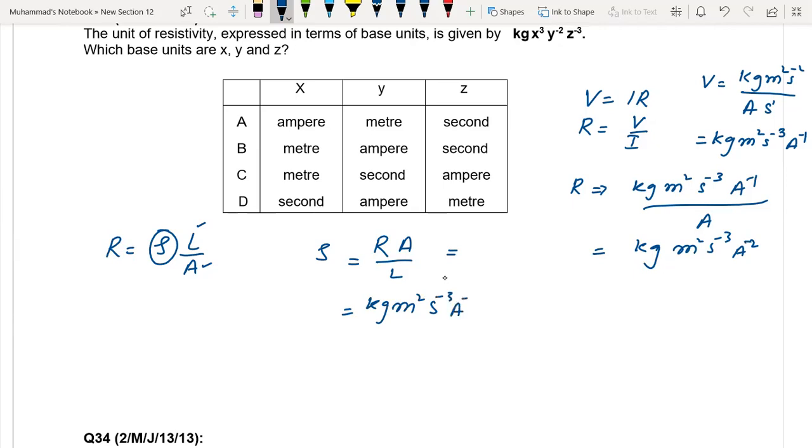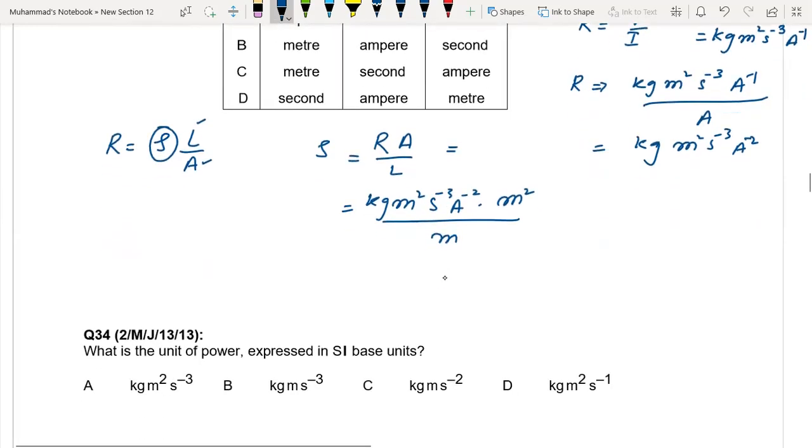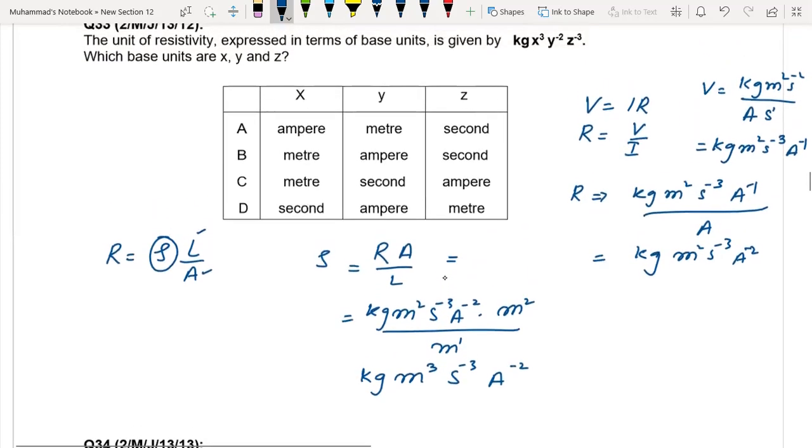Now, this is area, that is meter squared, over meter. Okay, so this is the unit of resistivity. Let's simplify this: kg m^2 times m^2 divided by m, that becomes m^3 s^-3 A^-2. Let's look at the options. What is x?